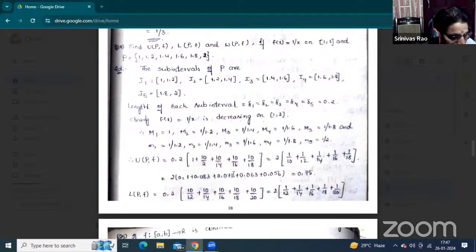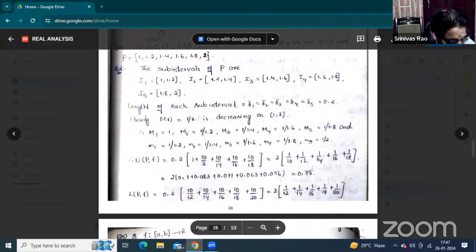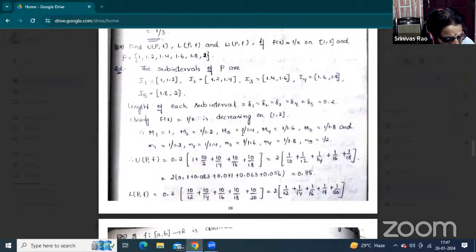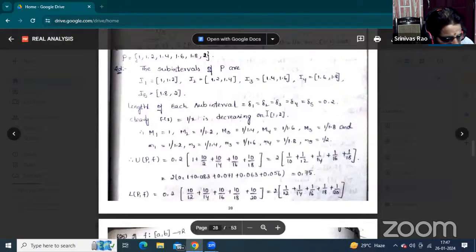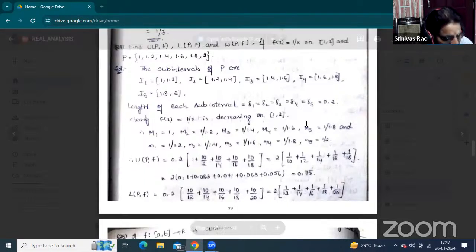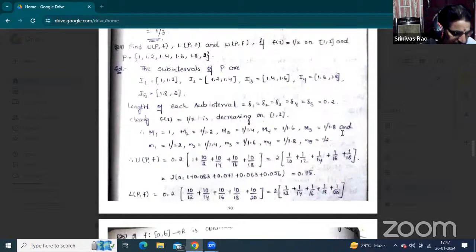So the upper Riemann sum equals substituting all those values. Capital M1 is 1, capital M2 is 1 by 1.2, capital M3 is 1 by 1.4, capital M4 is 1 by 1.6, and capital M5 is 1 by 1.8.